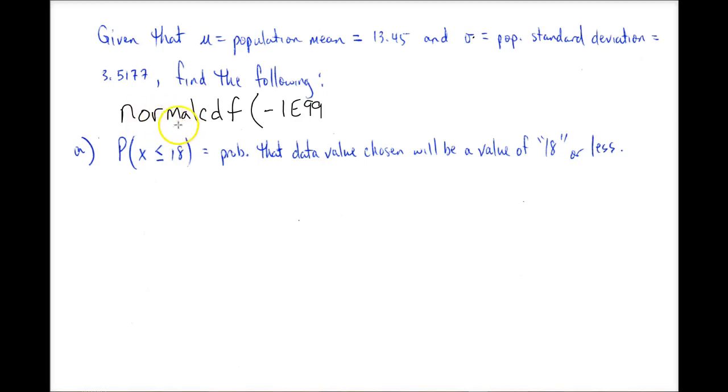So here, when you select NormalCDF for that option 2 that you saw earlier, instead of getting that nice little window where you can just type everything in, you're going to have to type this in like this.